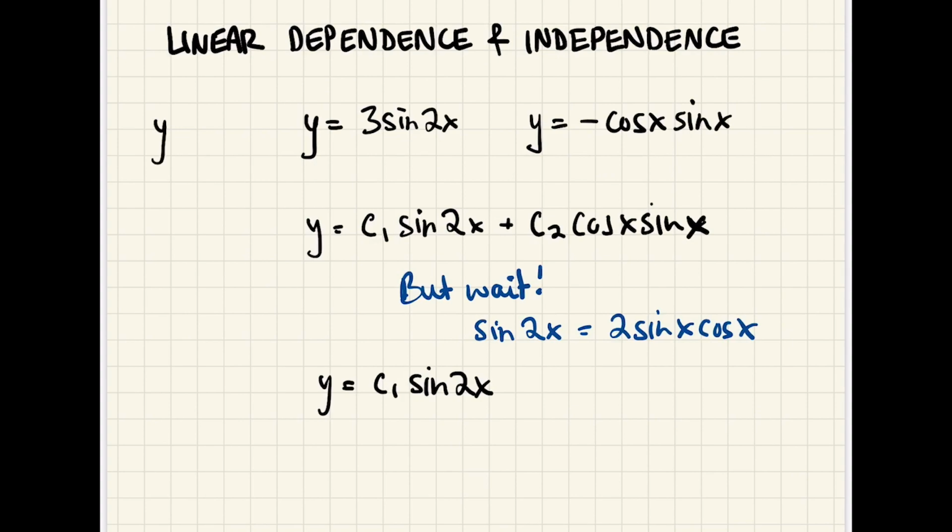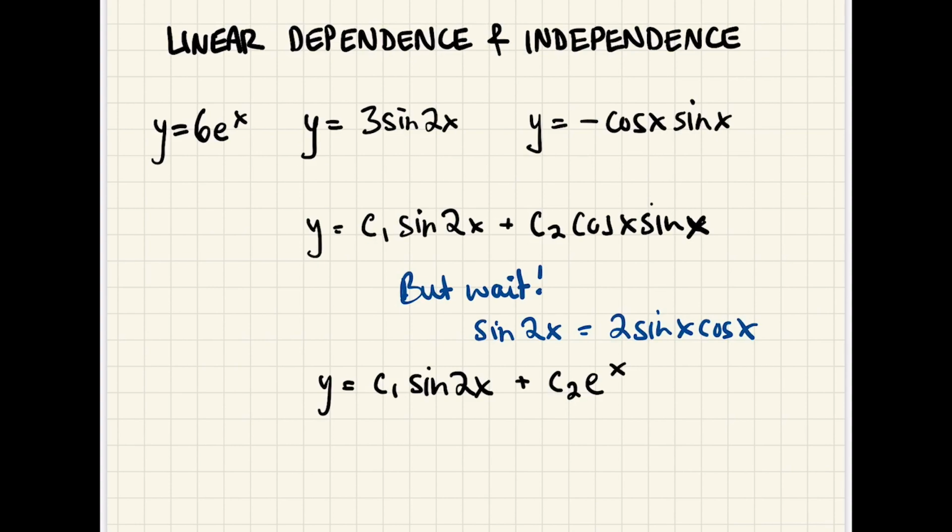However, if we had a third one, like say 6e to the x, well, we know probably, and in fact it's true, that we cannot just write 6e to the x as some kind of multiple of sine of 2x. So in this case, we would have to now add a second term and say plus c2 e to the x.